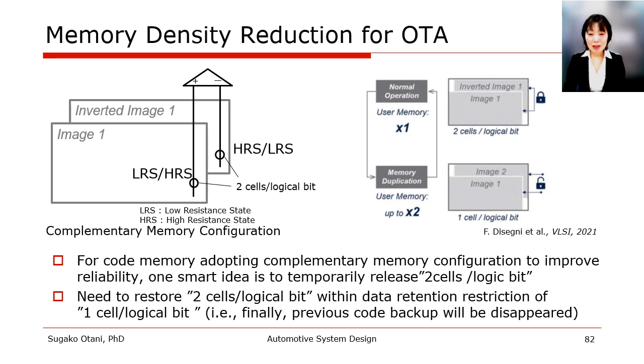In this scheme, the two cells per logical bit configuration needs to be restored within the data retention lifetime of one cell per logical bit. It should also be noted that the backup data of the previous code will finally disappear. If those side effects are acceptable, this scheme can eliminate memory density overhead for OTA.